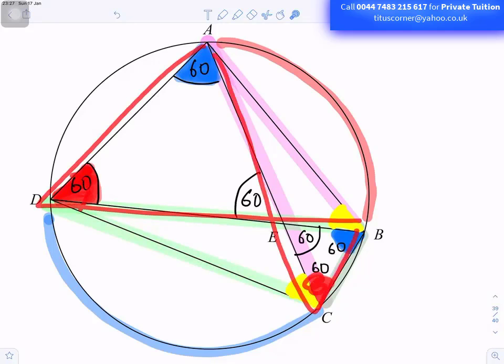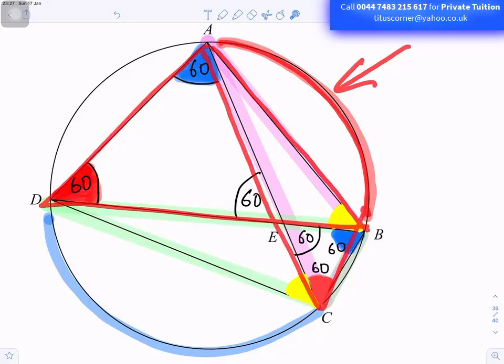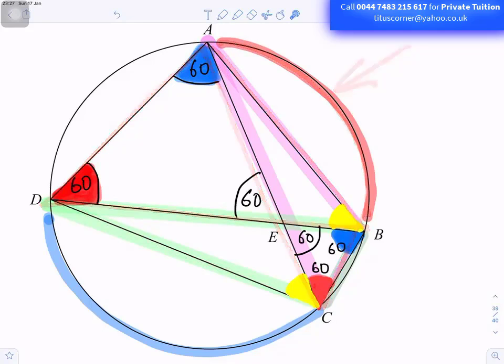The 2 red angles are the same, 60, 60, angles in the same segment, because we are looking from that side, from that arc or this line. So the 2 red angles are the same, 60, 60. The 2 blue angles are the same, 60, 60, from angles in the same segment. And this 60 and this 60 are the same from vertically opposite angles.